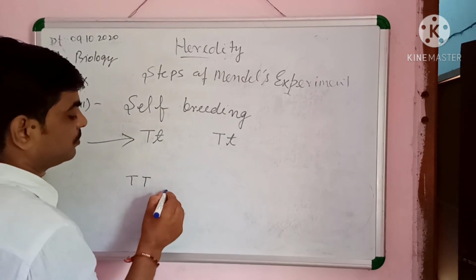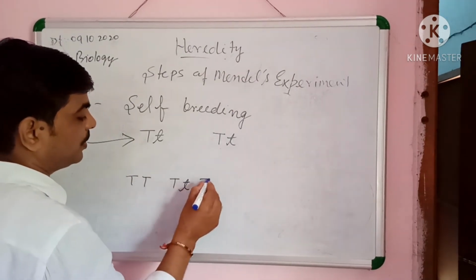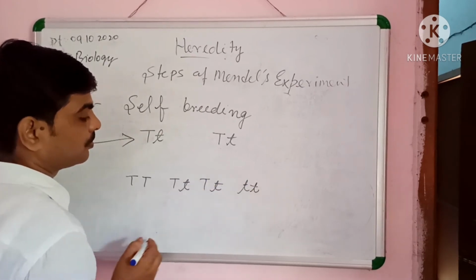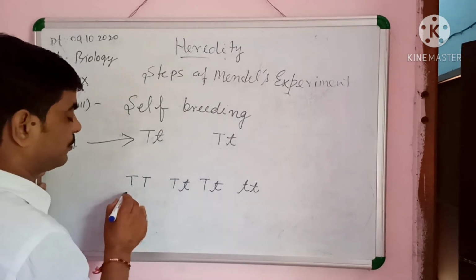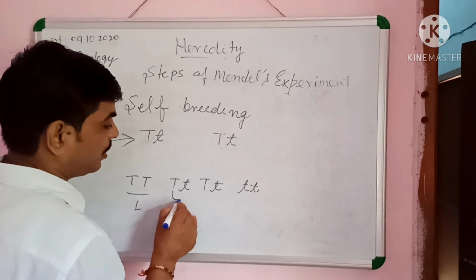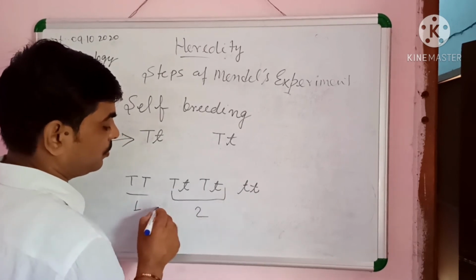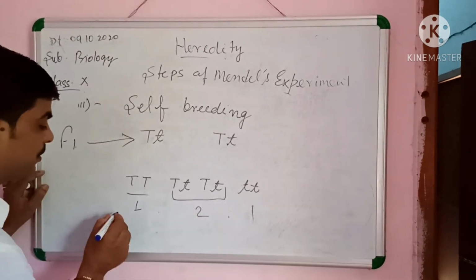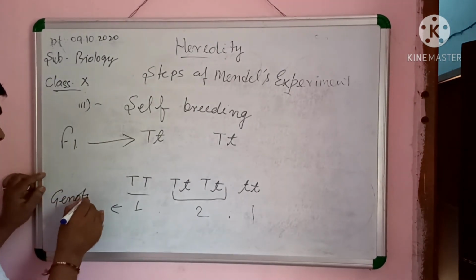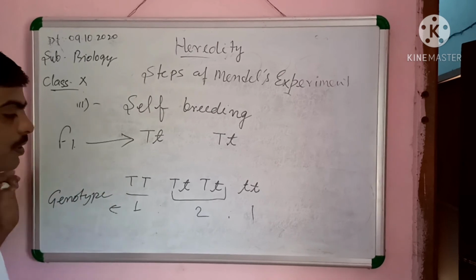Pure line 1, then 2 hybrid and 1 pure recessive. Look here, 1 and this is 2 and this is 1. This is the genotype.